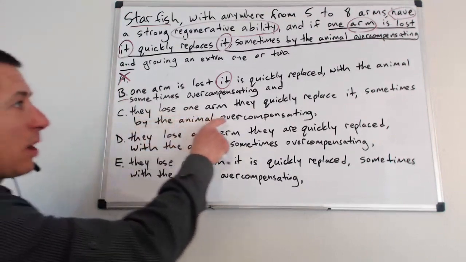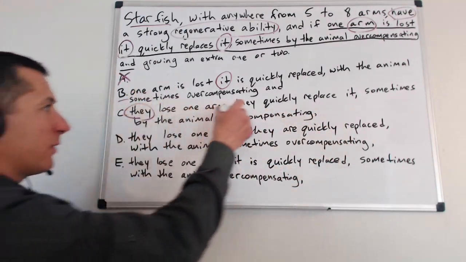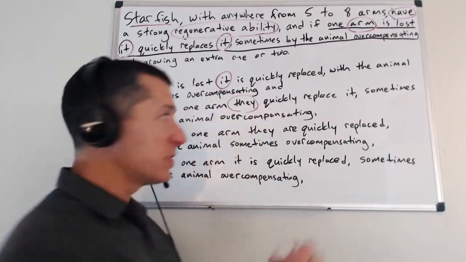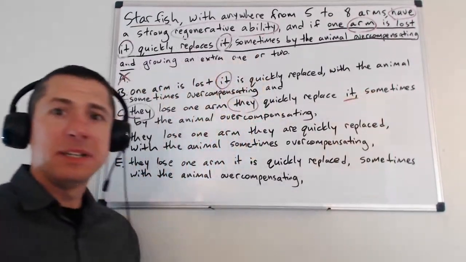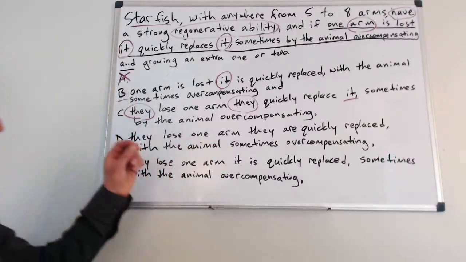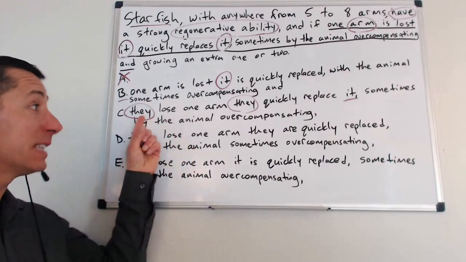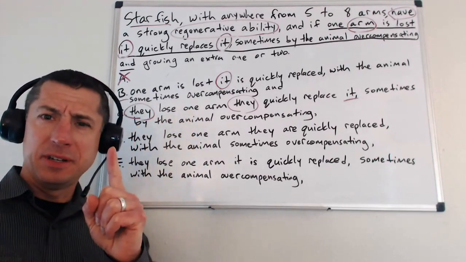C, they lose one arm and they quickly replace it. This gets awfully subtle because you could look at this and go, well, they refers to the starfish. No big deal. It refers to the arm. Not a problem. So those make sense superficially. But then when you think about the meaning, what is this really saying? When they, the starfish plural, collectively, lose one arm. Well, that doesn't make sense.